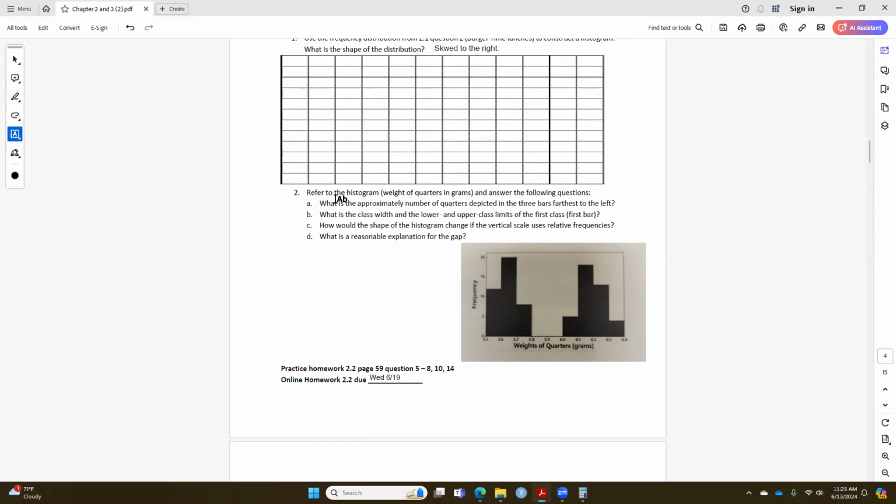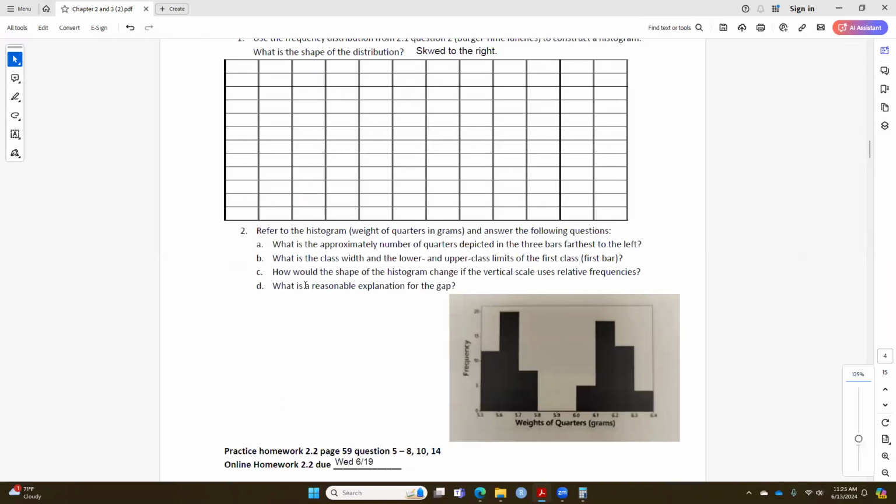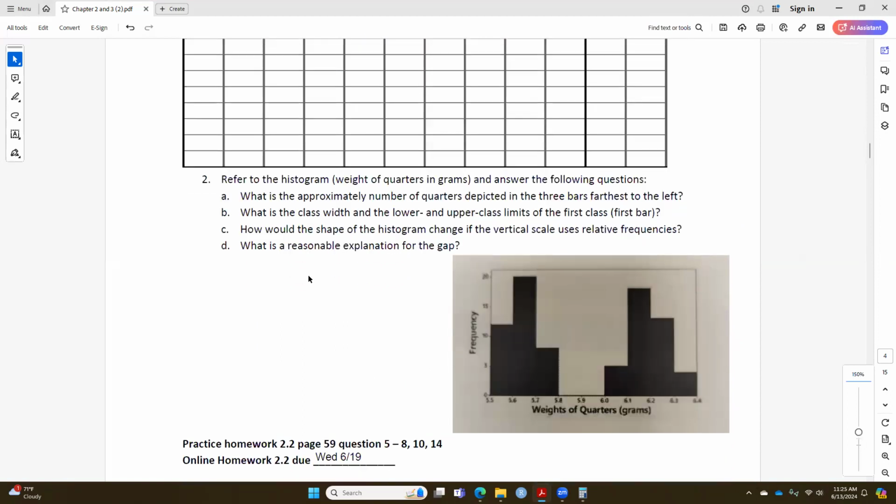It's asking: this histogram shows the weight of the quarters in grams. To answer the question below, I'm going to try my best to make this bigger. Is that Control Plus? Yep, there you go. So now you got it bigger, you can see it.